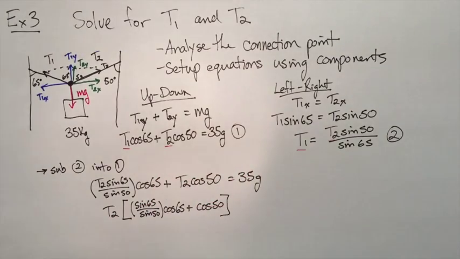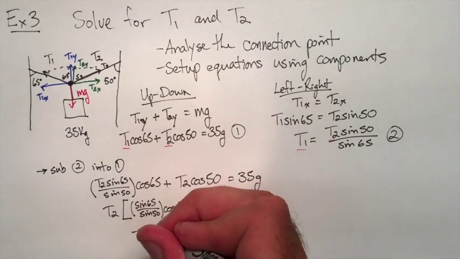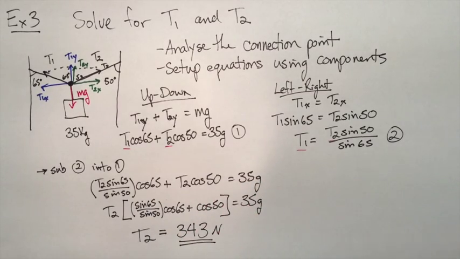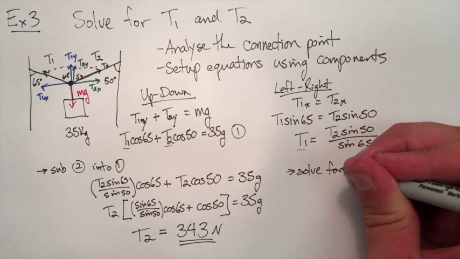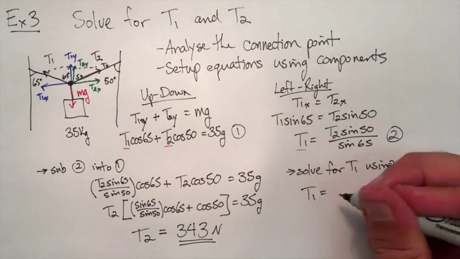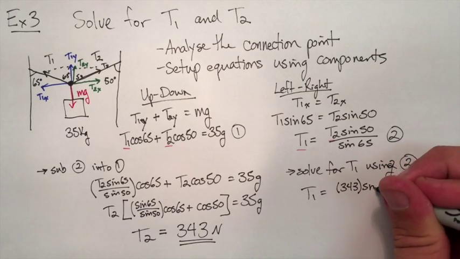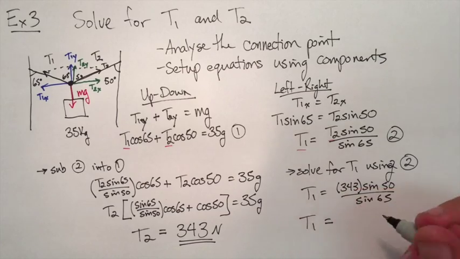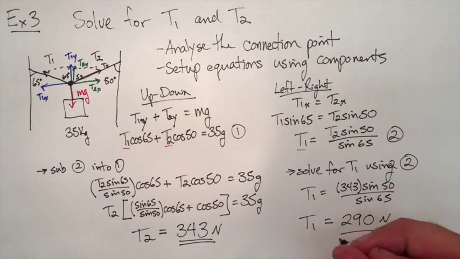So this is what the factored out version is going to look like. Now we just need to solve for T2, which ends up being 343 newtons. Now all we have to do for T1 is solve for T1 using equation number 2. So putting our numbers in, we find that the value for T1 is 290 newtons.